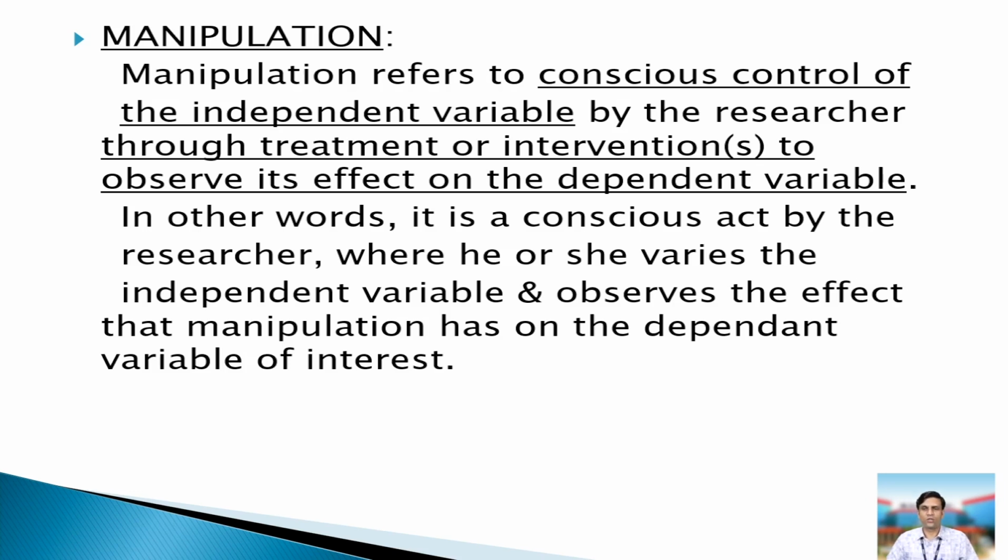In other words, it is a conscious act by the researcher where he or she varies the independent variable and observes the effect of that manipulation on the dependent variable of interest. This manipulation characteristic is only found in true experimental research design. It cannot be found in non-experimental or other types of research studies.